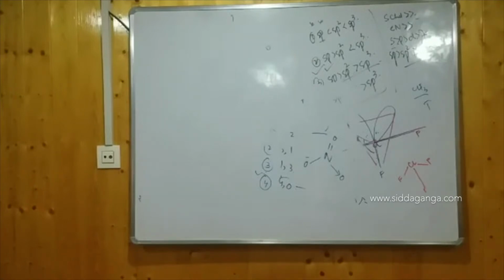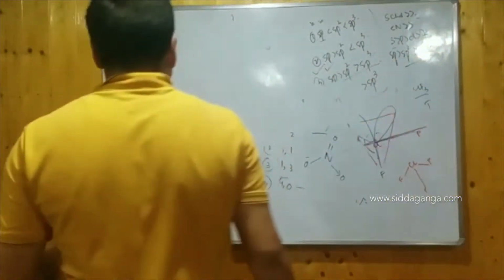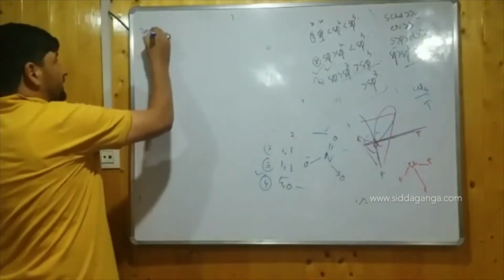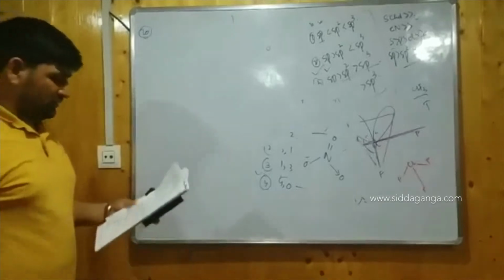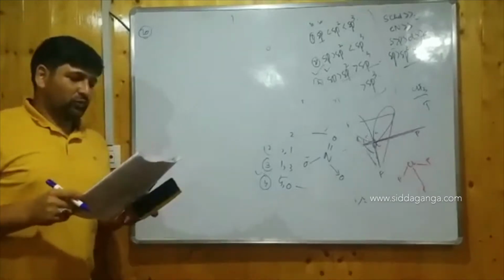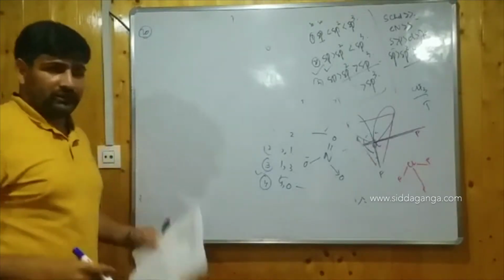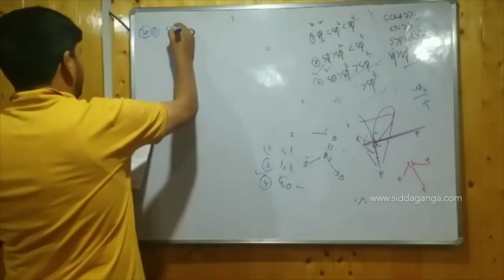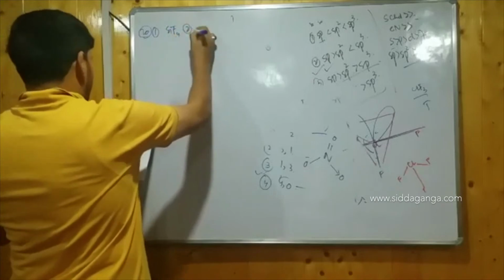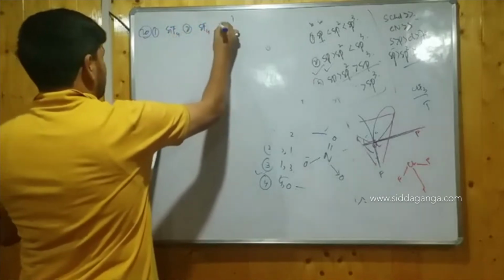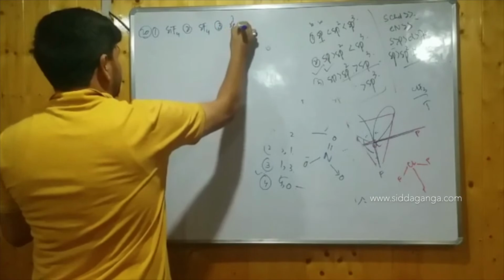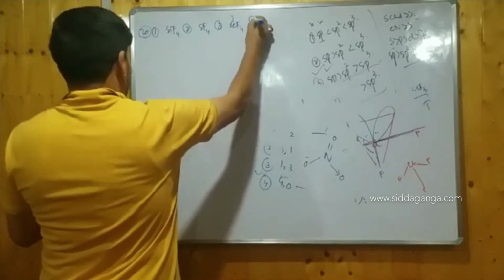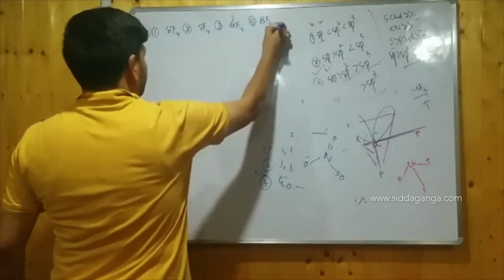Let us see. You have question number 20 asked here. Which of the following would have a permanent dipole moment? The first option is SiF4, the second option is SF4, the third option is XeF4, and the fourth option is BF3.